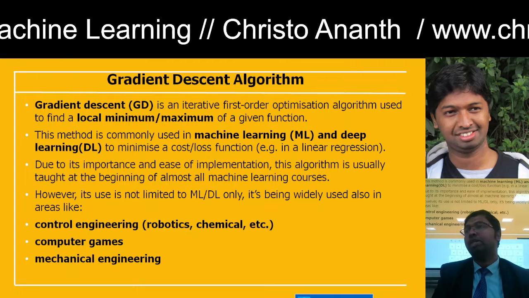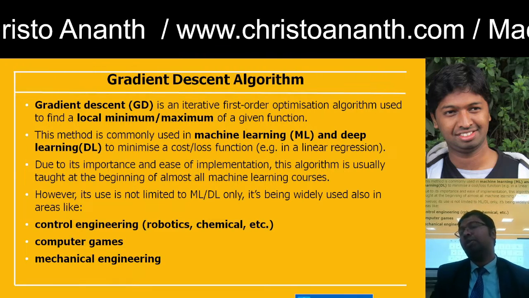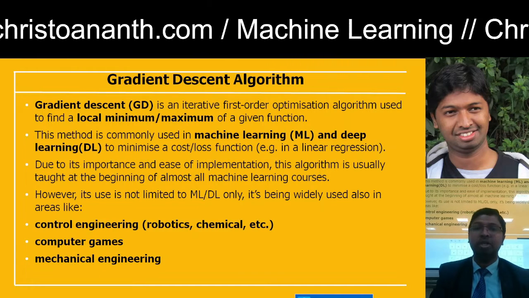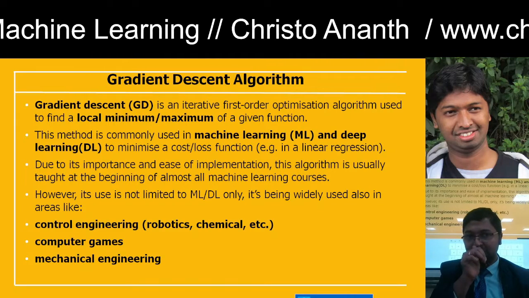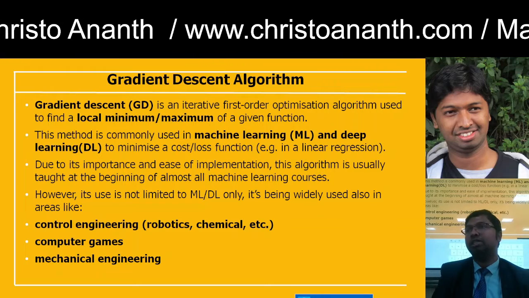So for example, in the linear regression technique, in order to go step by step to find the maximum or minima, you will be using this gradient descent algorithm. You can use this for machine learning or deep learning applications as well.